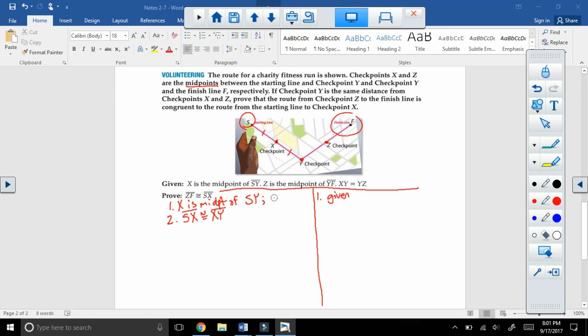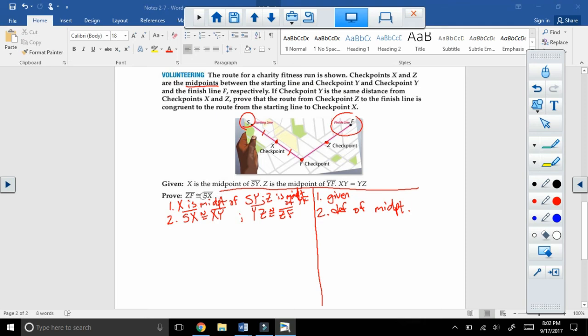At the same time, because this will be the same reason, I'm going to say that Z is the midpoint of YF, and I can say that because Z is the midpoint of YF, that YZ is congruent to ZF. And the reason for both of these is the definition of the word midpoint. Some places in your book it calls it the midpoint theorem. I prefer to use just the definition.